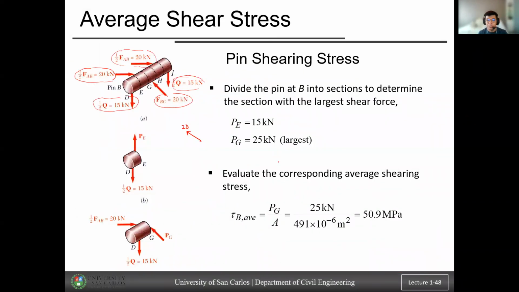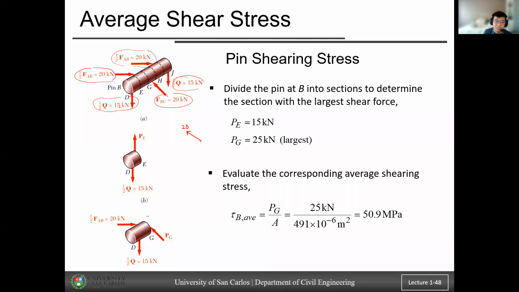Okay, so divide the pin at P into sections to determine the section with the largest shear force. So at PE, let's say this is PE. So you have 1/2, so we have 15 here at E, diba? And then at this one is at G na po ni siya.